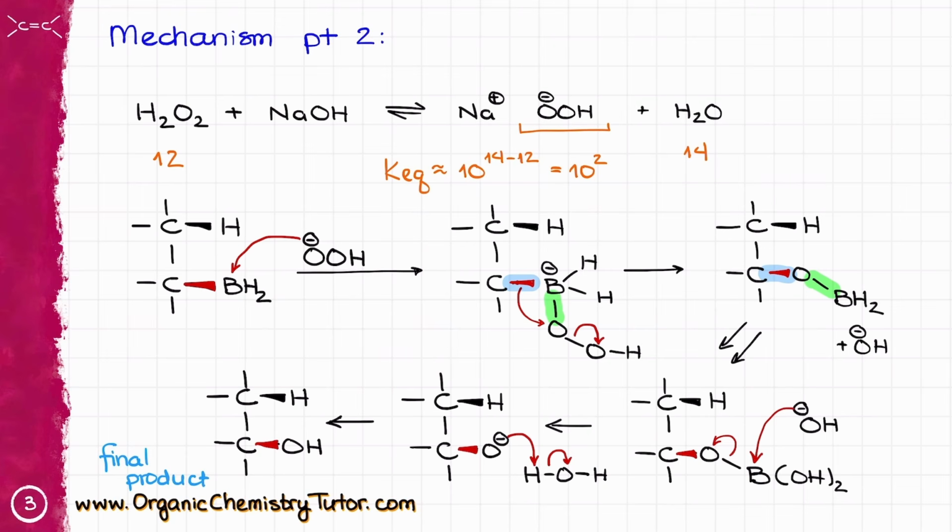The stereochemistry of the carbon-boron bond is going to be exactly the same as the final stereochemistry of the carbon-oxygen bond. If it was looking at us, it is going to end up looking at us. If boron was looking away from us, it is going to look away from us in the final product as well. And of course, once we start dealing with real molecules, it becomes incredibly important.